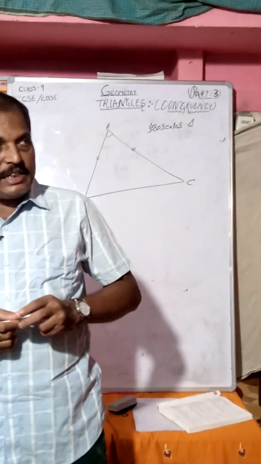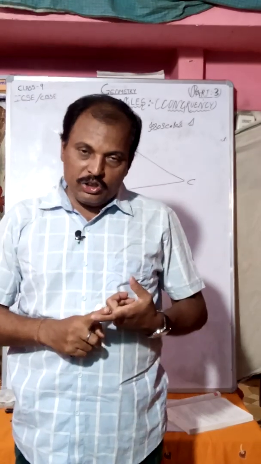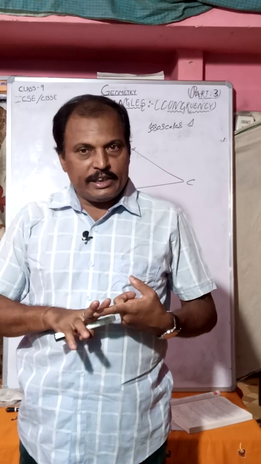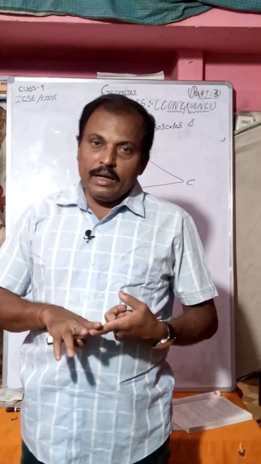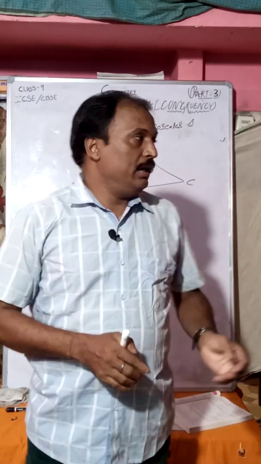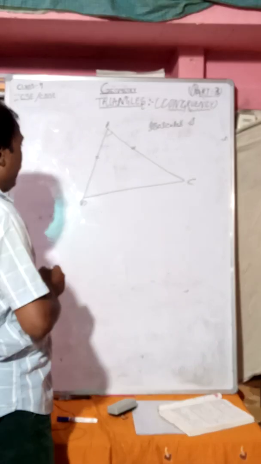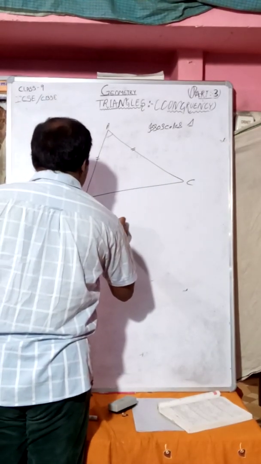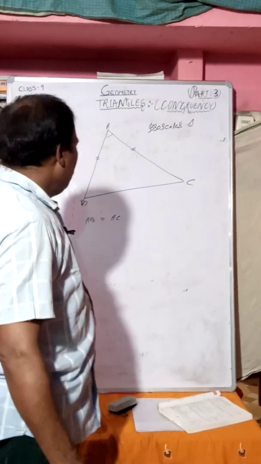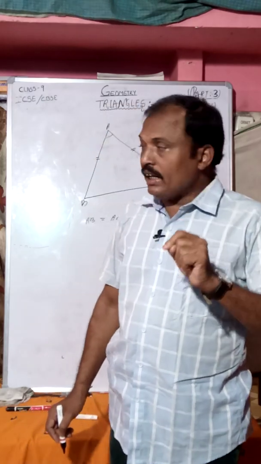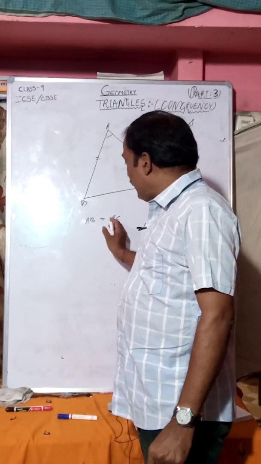We know what the isosceles triangle is. Two sides equal, it's called isosceles triangle. All sides equal, it's called equilateral triangle, and no side equal is called scalene triangle. Suppose this is an isosceles triangle, two sides equal, AB is equal to AC. Two sides equal, then two angles are equal. Which angles are equal?